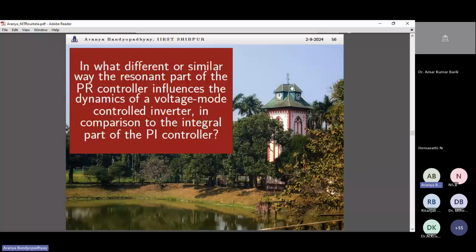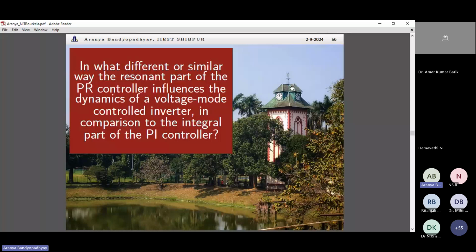And if you have some qualitative idea about the internal model principle, what does it say? It says that whatever disturbance has to be rejected, or a model of the plant, has to be incorporated within the controller structure, right? In layman's terms, this would be the definition of it, of course.